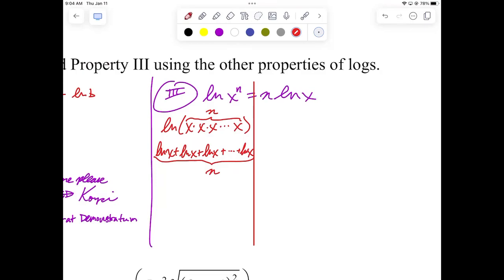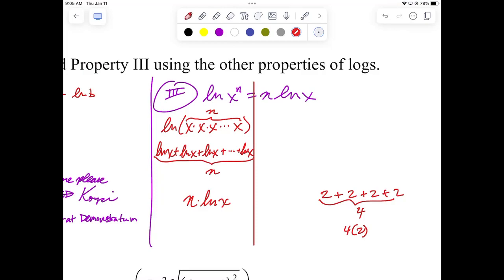What can we do if we have the same term added to itself n times? Put the n in front. I could say that that's n times the natural log of x, right? Just like if you had 2 plus 2 plus 2 plus 2, there's 4 of them there, so that's 4 times 2. That's the definition of multiplication.